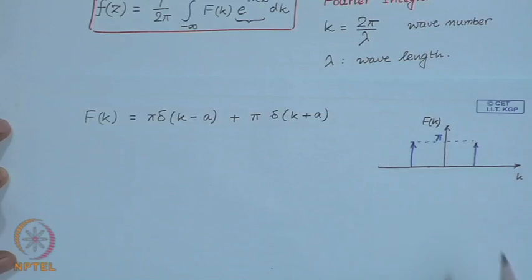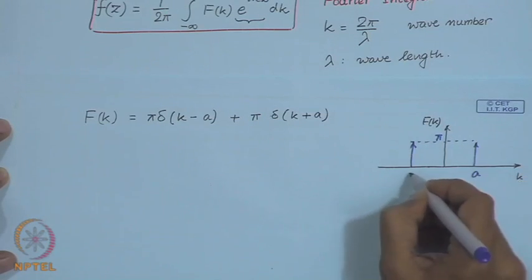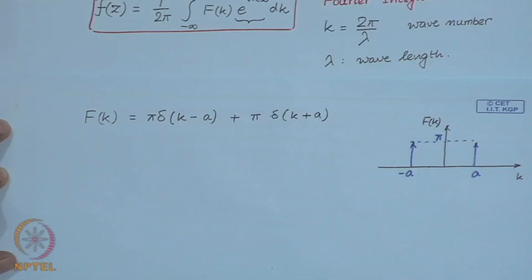These are Dirac delta functions or distributions, represented with this arrow.